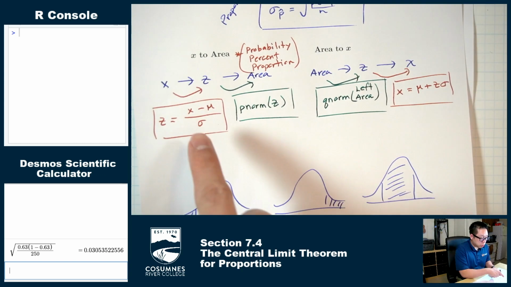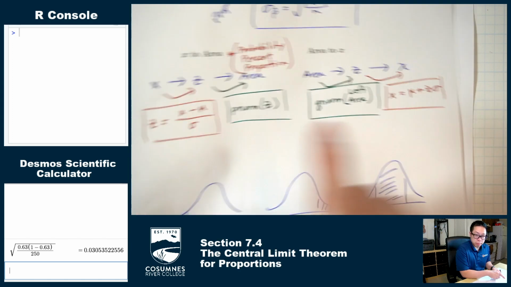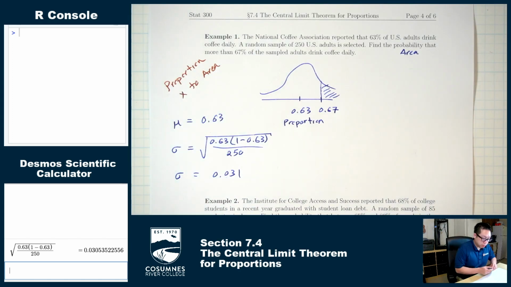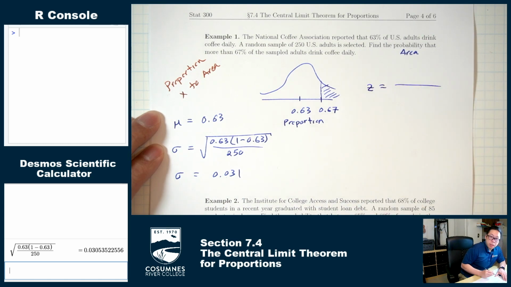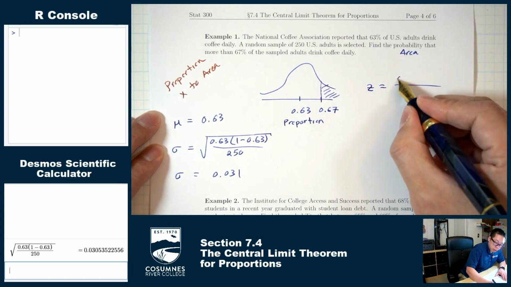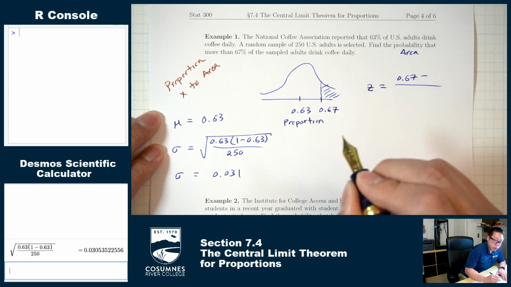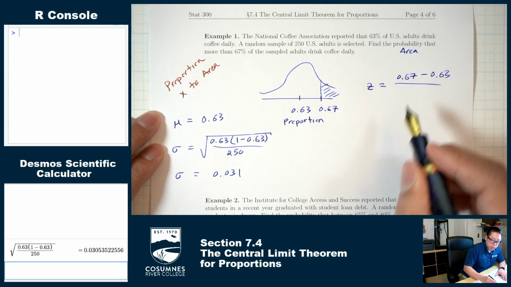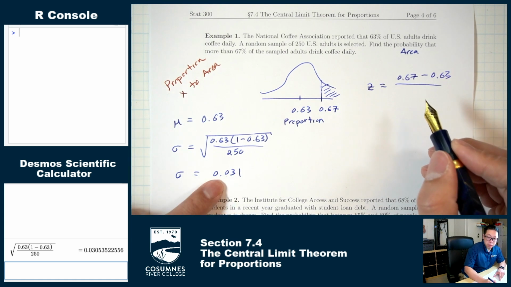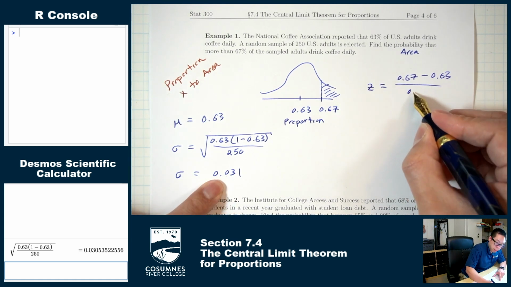For x to area, the first thing I need to do is the z-score. So we'll do the z-score next. x, which is the 0.67, minus our mean, which is the 0.63, divided by the standard deviation, which is the 0.031.